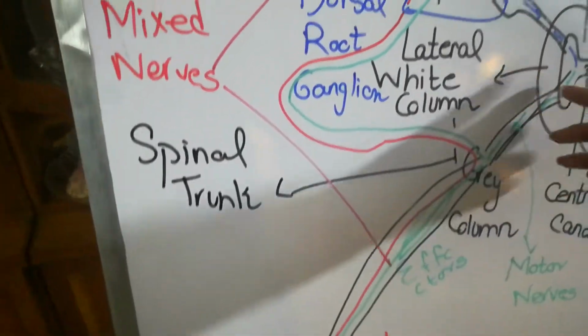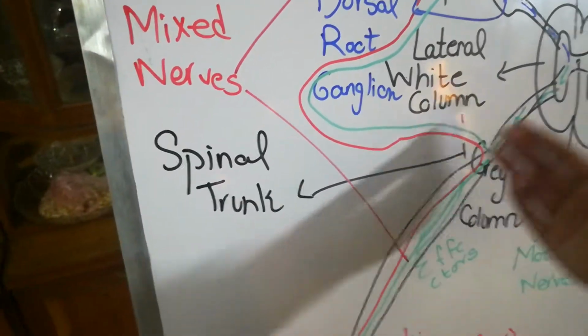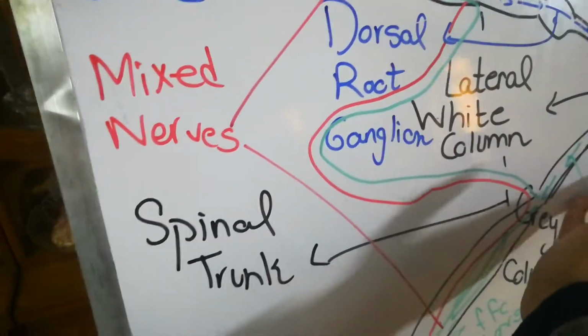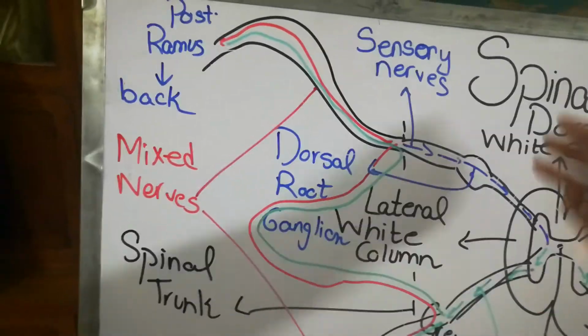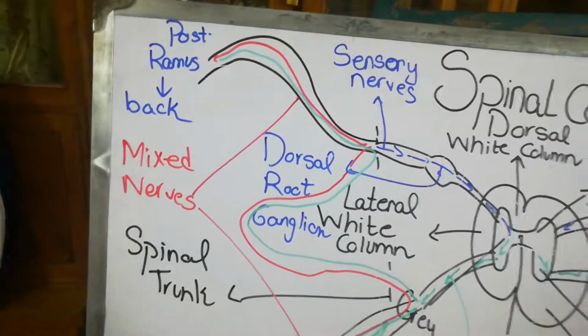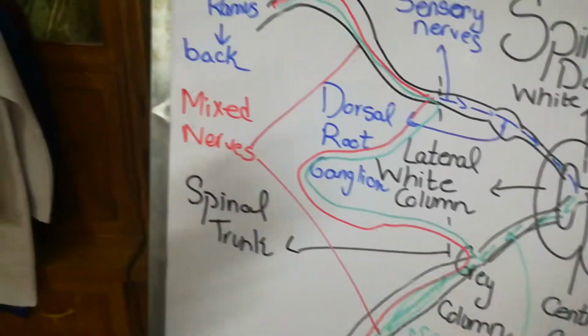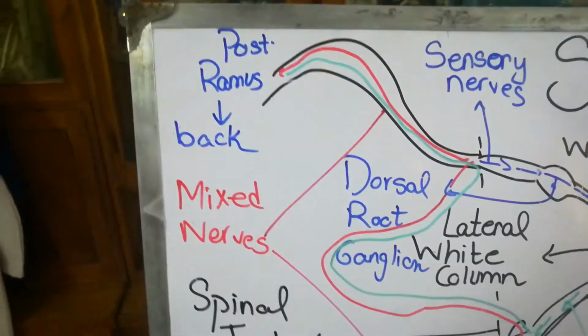The same is the case with the motor nerves: they will not only supply the anterior or lateral part of the body, but will also move from the front towards the back to supply the posterior side. And when these nerves move from the front to the back or from the back to the front, they are going to mix with one another. There will be crossing over. And those nerves that have been formed are called mixed nerves.